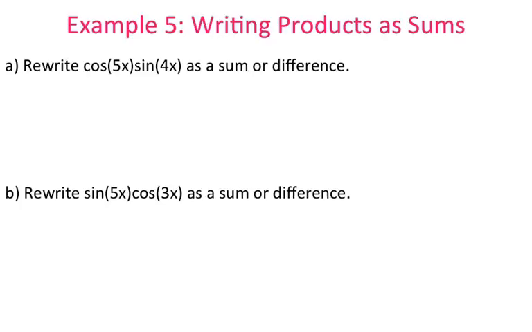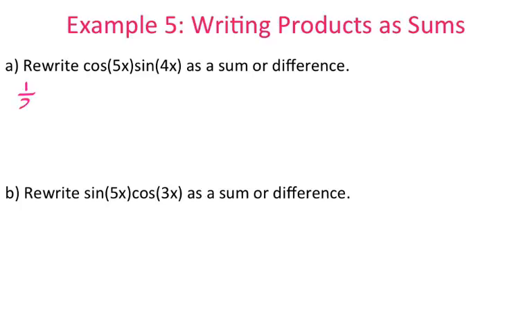Okay, so part A says to rewrite cosine of 5x times sine of 4x as a sum or a difference. So I have cosine times sine, and I'm going to go ahead and write the formula out.